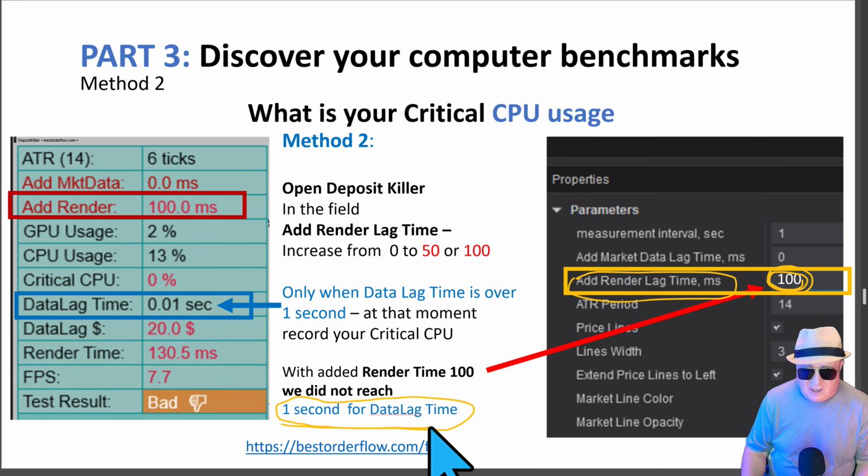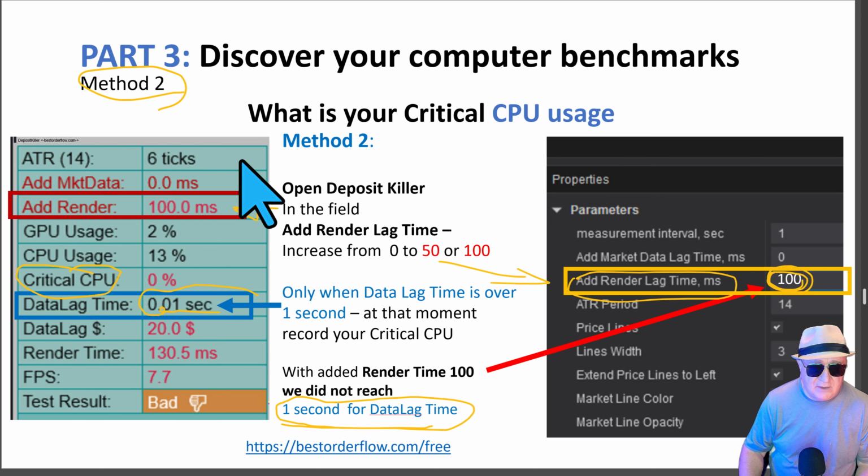When the data log time reaches 1 second again, this parameter, right now it is 0.01 second, and when it goes to 1 point something, at this very moment, by loading rendering time over here or over here, we will discover our critical CPU parameter, our benchmark, our norms. Okay, this is the second method to do that. You can do it with the first method, you can do it with the second, you can do it with both.